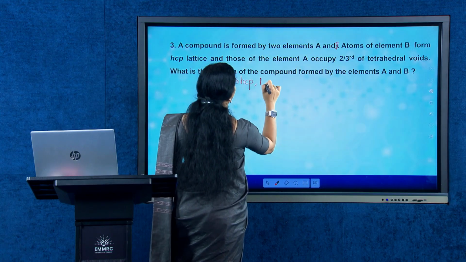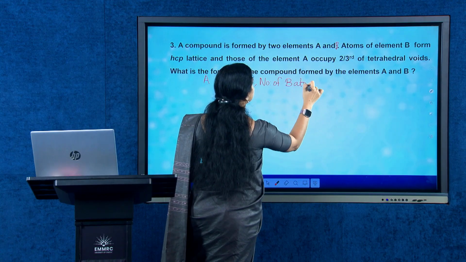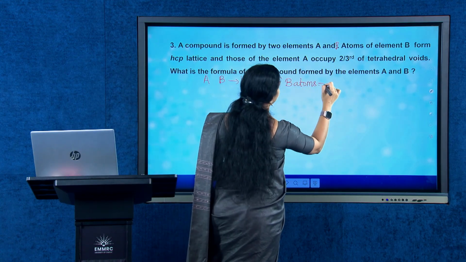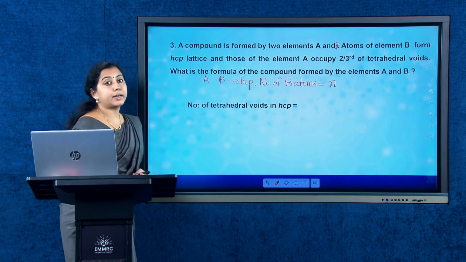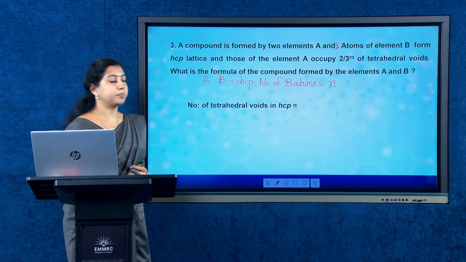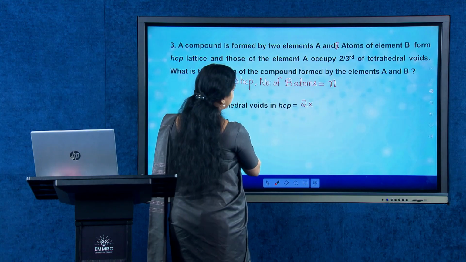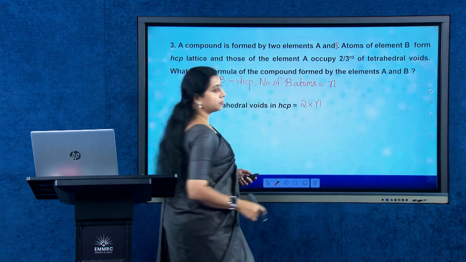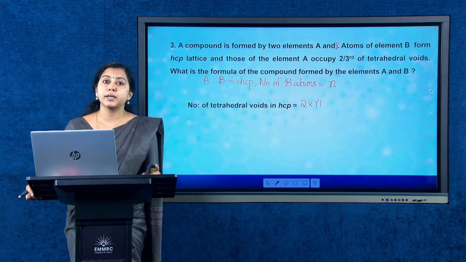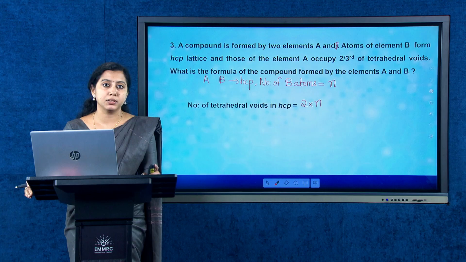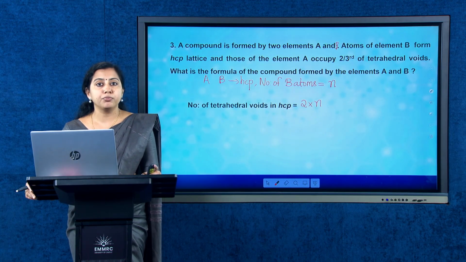Let the number of B atoms be equal to N. The number of tetrahedral voids in HCP will be equal to twice the number of B atoms, so 2 into N. We have seen that in a hexagonal close packing, the number of octahedral voids will be equal to the number of close packed spheres, whereas the number of tetrahedral voids will be equal to twice the number of close packed spheres.